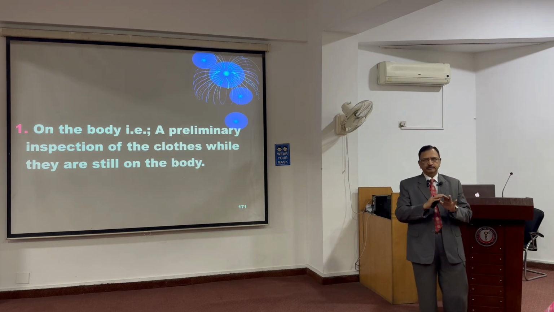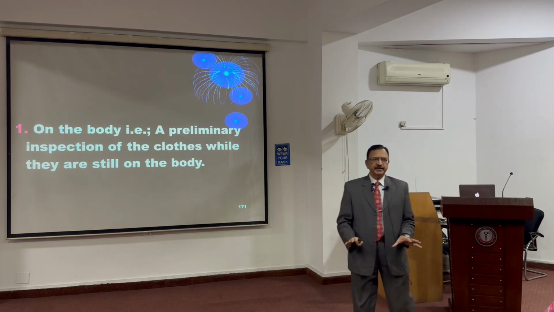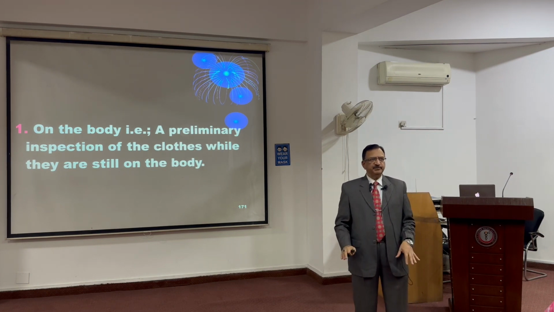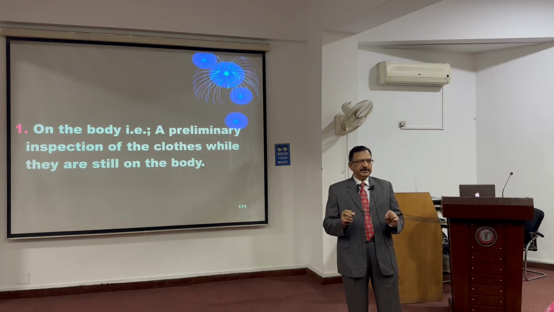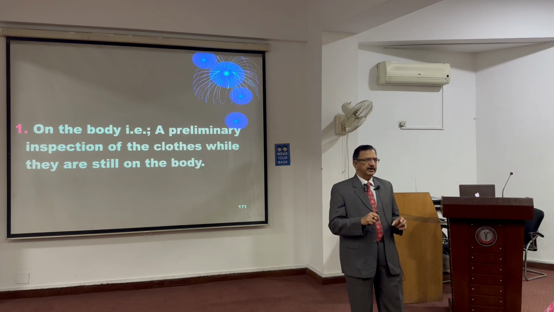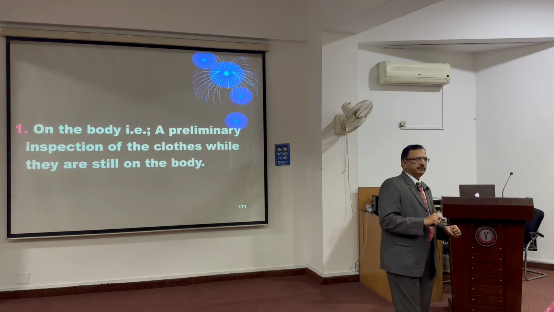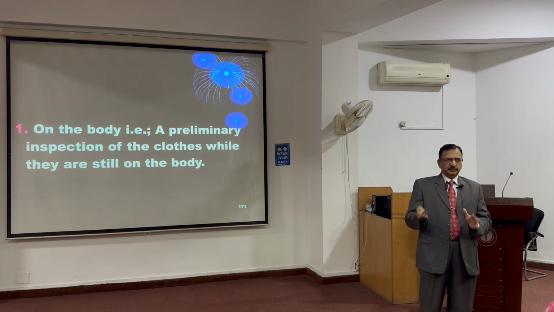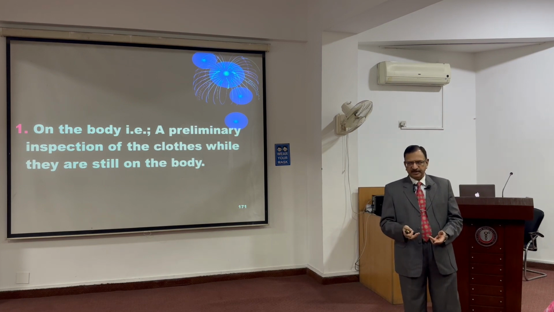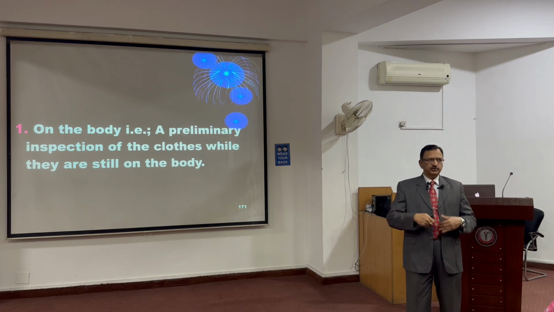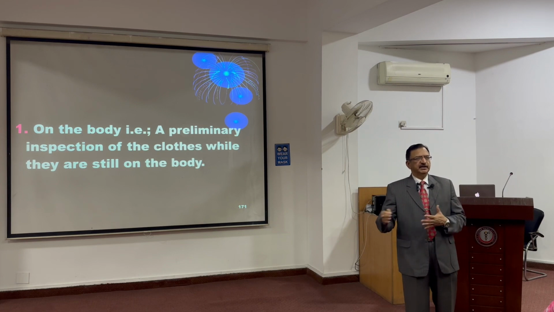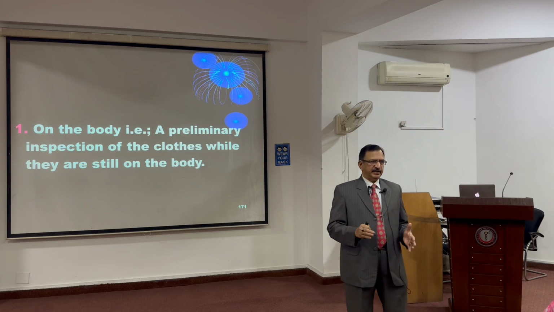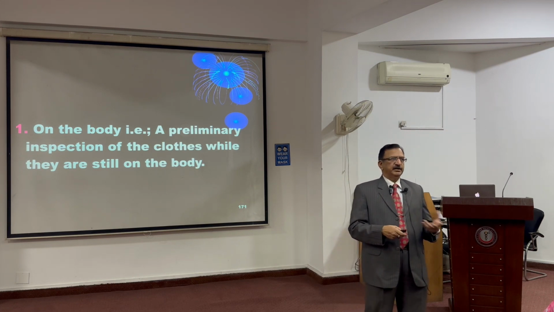You first see the body in the dressed condition: front, back, side, complete examination of clothes. Any tear, any cut mark, any hole of a bullet, any broken button, broken zipper, they are all noted down. And by tilting the body, the back is examined. Then you will undress, remove the clothes, and examine further. If they are wet, they are dried, and then handed over to the police.